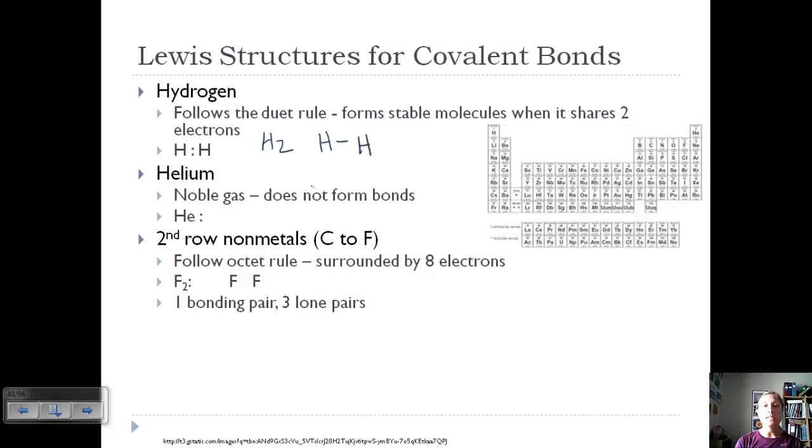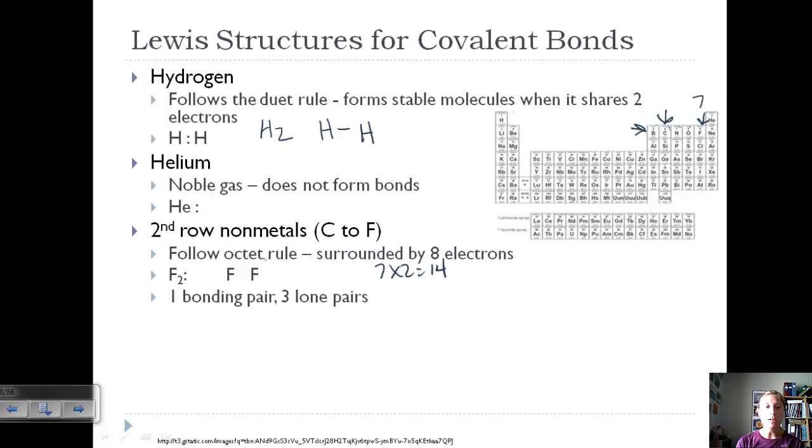Now let's move to the second row nonmetals, which would be boron to neon, or, well, boron technically falls into the metal category, so we're going to look at carbon to fluorine, since neon is a noble gas. These all follow what's called the octet rule, which means they're surrounded by 8 electrons in order to be considered stable. If we have the compound F2, we know based on the periodic table that this is group 7, and so 7 times 2 gives us 14 electrons.